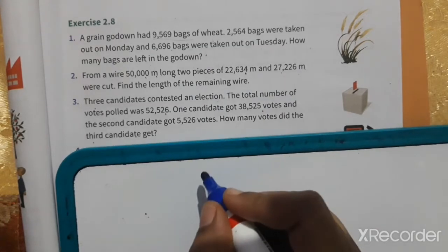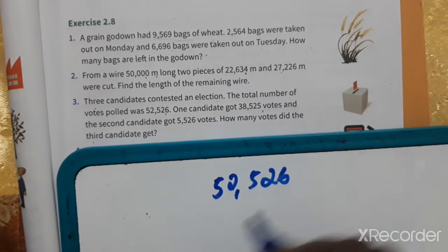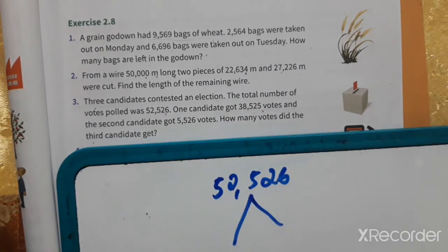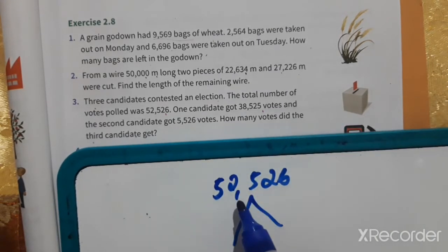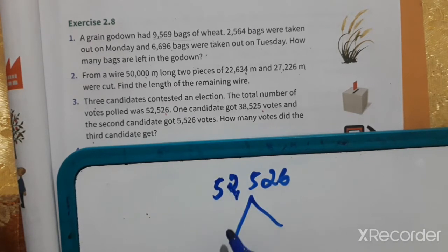So in an election, total number of votes polled means number of people voted, and total number of votes we received is 52,526.